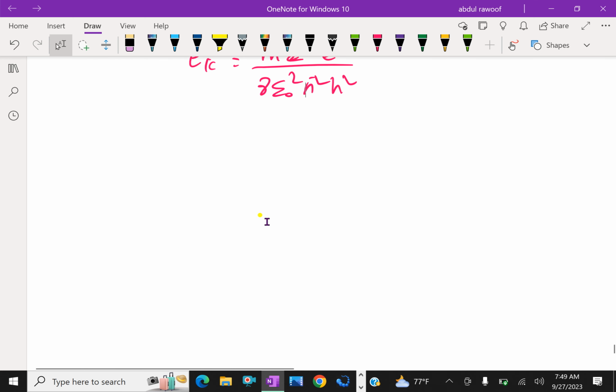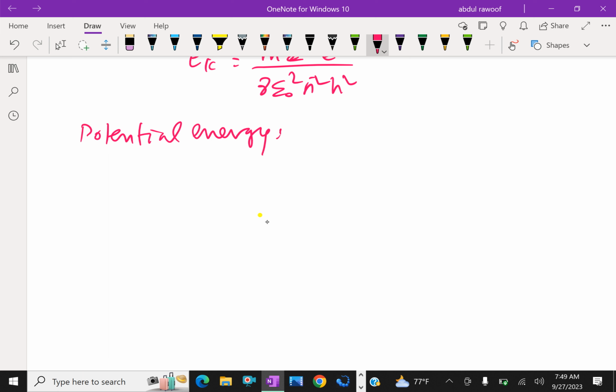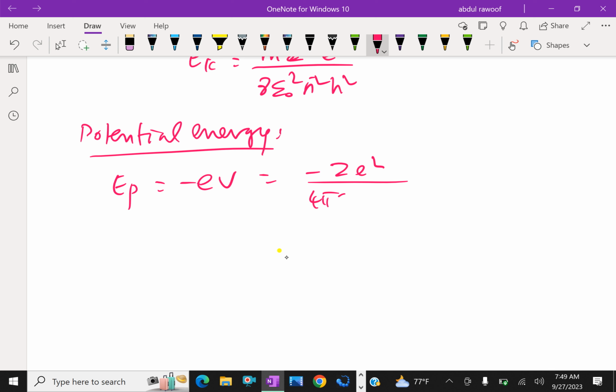Next, potential energy. Potential energy, that is Ep, equal to minus eV, which is equal to minus Z e squared over 4 pi epsilon 0 r.